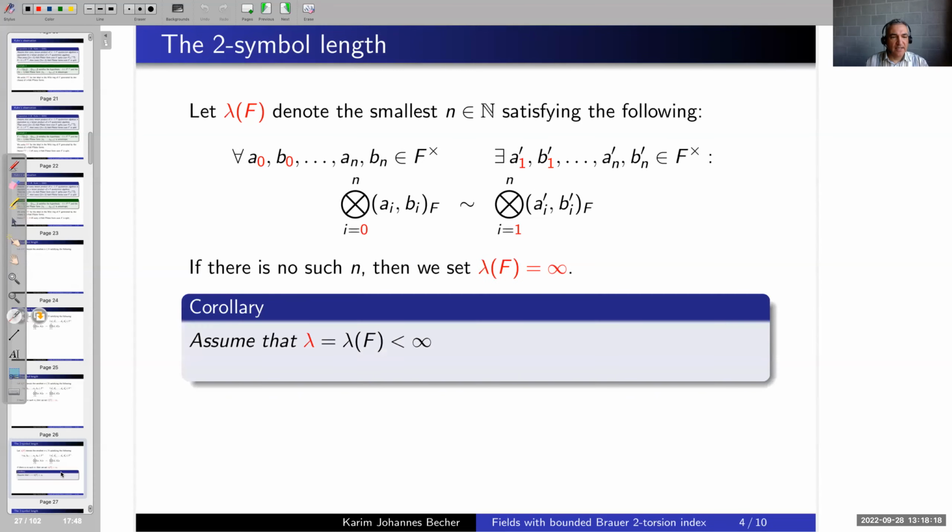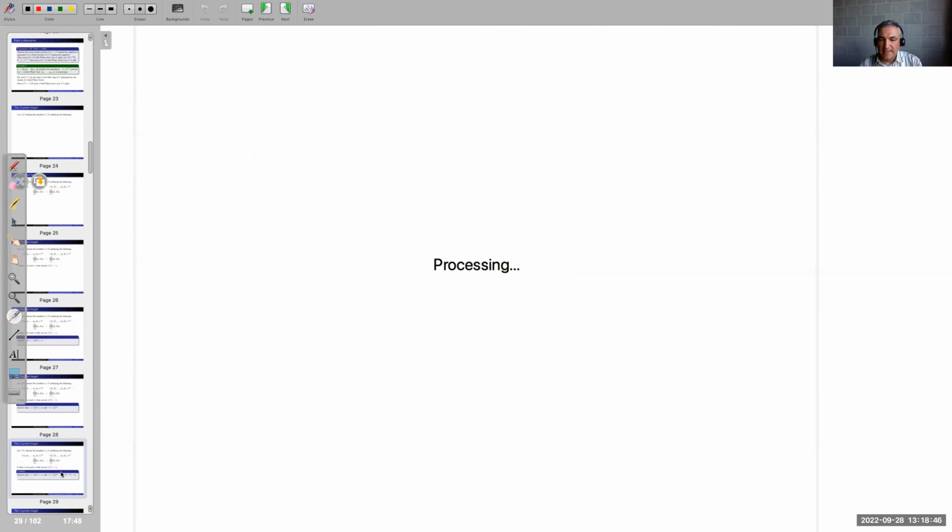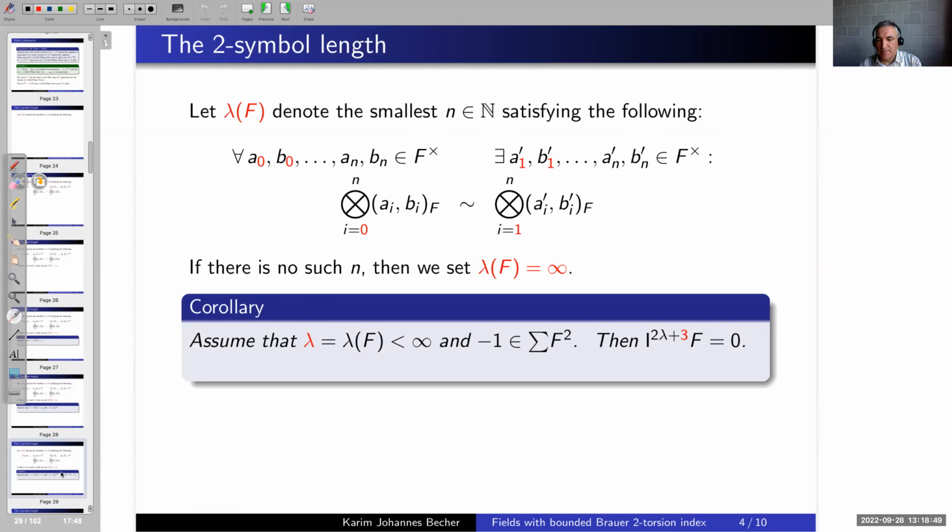And now we can reformulate or take a consequence of the statement that I cited on the previous page. So suppose this lambda, this 2-symbol length, is finite, and -1 is, and now this hypothesis is a bit different, a sum of squares. So this is a consequence that actually Bruno Kahn gets. Then I to the 2 lambda plus 3, the 2 lambda plus 3rd power of the fundamental ideal, is 0.